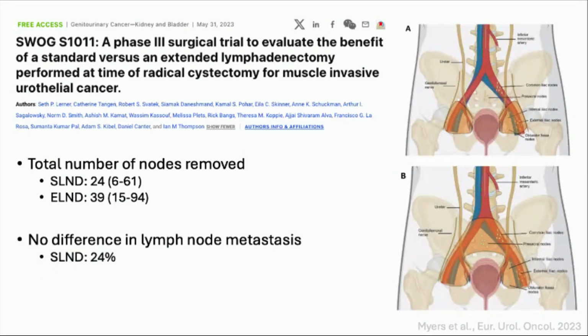So in the standard arm, 24%, in the extended arm, 26%. Again, I think this demonstrates that, in line with previous studies, there is a lack of significant skip lesions in bladder cancer, which is nice to see. And of course, as we would expect, since extended lymph node dissections were doing more aggressive lymph node disease, more patients had N2 and N3 disease.